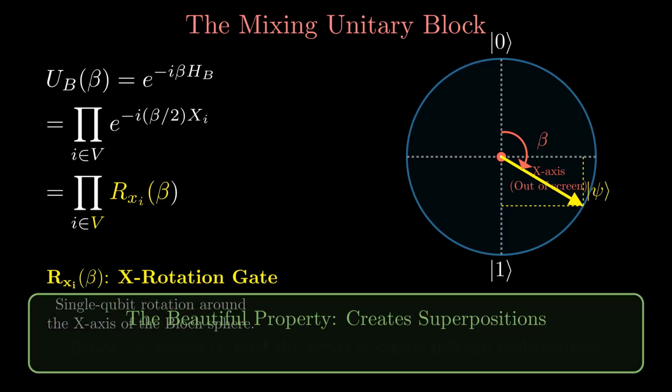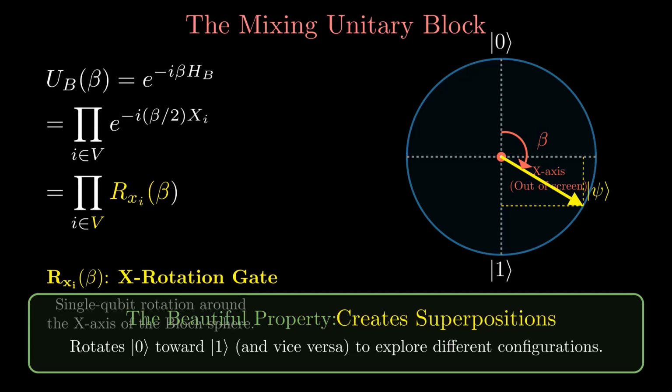It creates superpositions. Applied to state 0, it can rotate toward state 1 and vice versa. This is exactly what we need to explore different cut configurations. The building blocks UC and UB are alternated to form the complete QAOA ansatz.